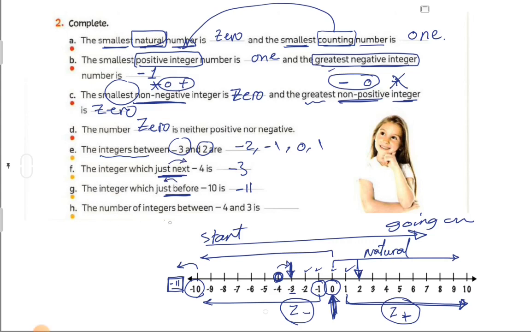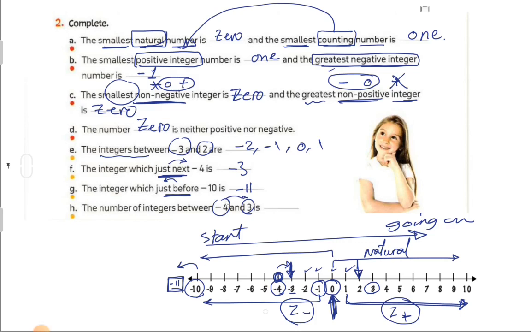The integers between negative 4 and 3. We have negative 3, negative 2, negative 1, 0, 1, 2. All these integers are in between negative 4 and 3. Using the number line or just like that: I have negative 4 on the left and 3 on the right.